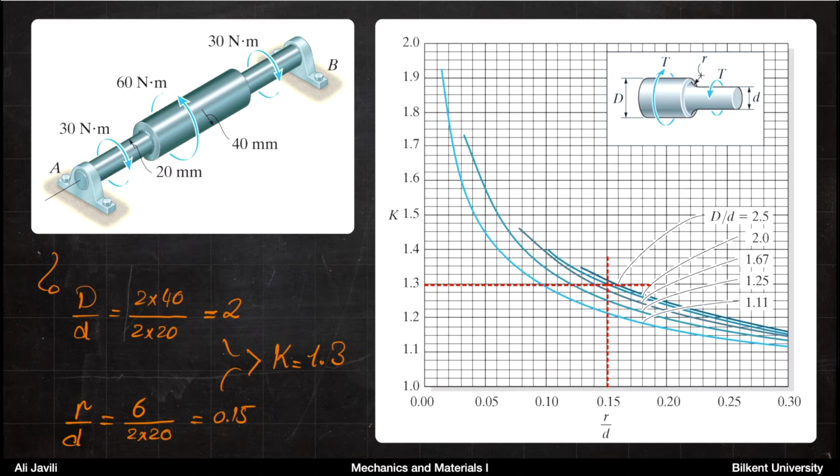You can draw the vertical line here at r over d 0.15, and then you draw a horizontal line from the point where it intersects the line with D over d equal to 2. So you come back to the vertical axis and you read the stress concentration factor, which in this case is 1.3.